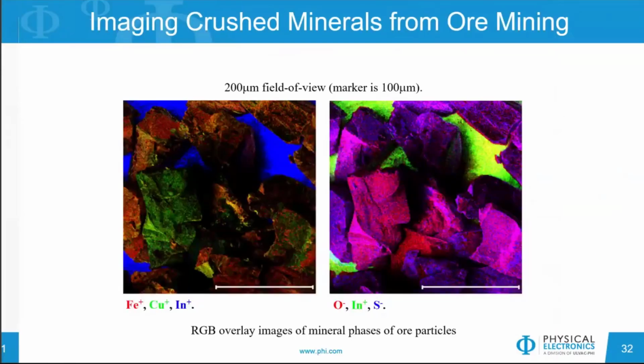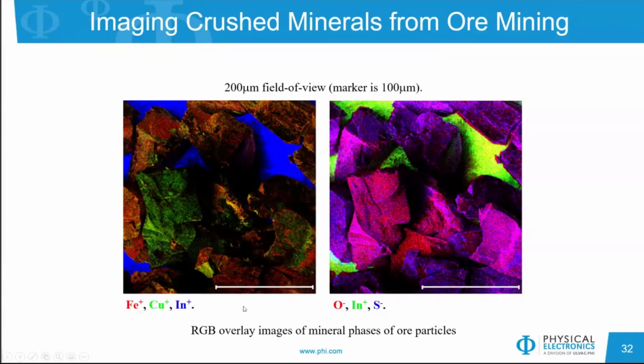Looking at some of these minerals that were treated with different chemical reagents and separated out from the ore mining process, this is a chemical secondary ion image of minerals of iron and copper. So you can see their distribution. And these aren't flat samples. The scale bar is roughly 100 microns here. So you can see the distribution of iron and copper particles. This blue background is just the indium mount. These particles are pressed into an indium mount.